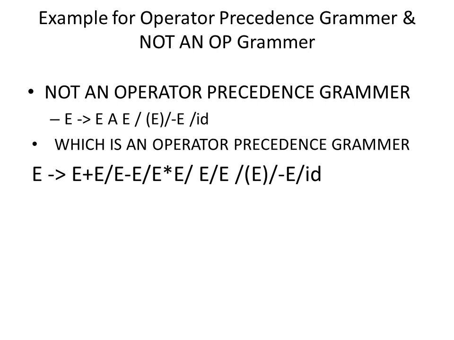According to the second property of operator precedence, there should not be any two non-terminals adjacent to each other. Here E and A are two non-terminals adjacent to each other. So this is not an operator precedence grammar.